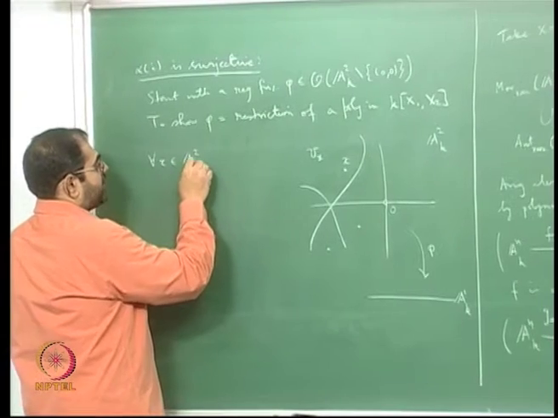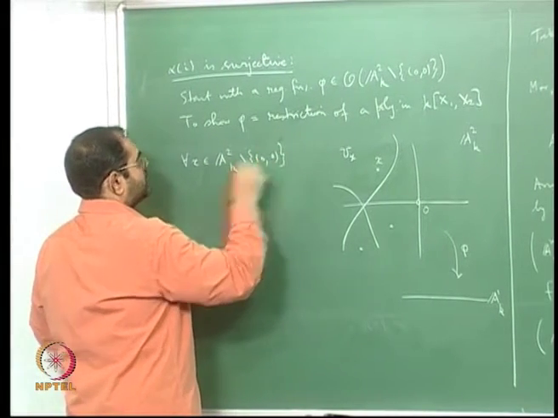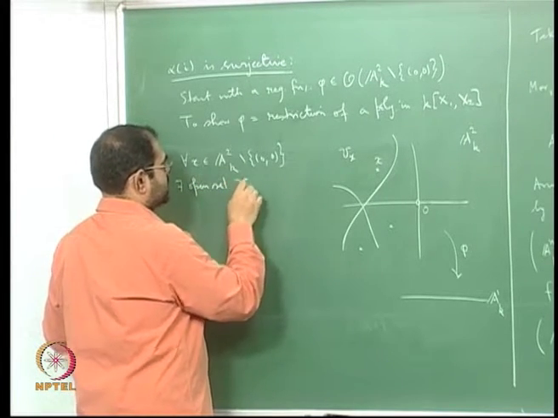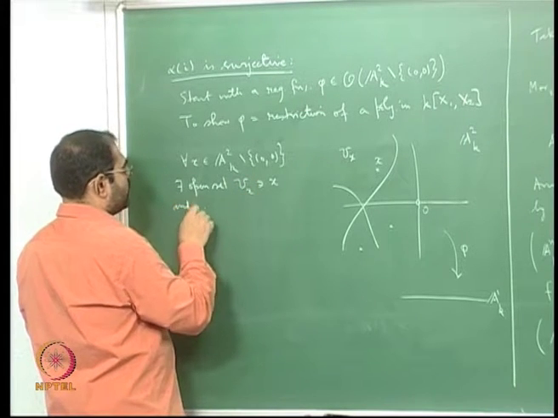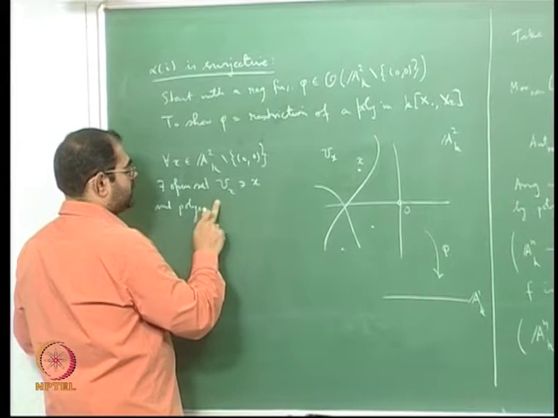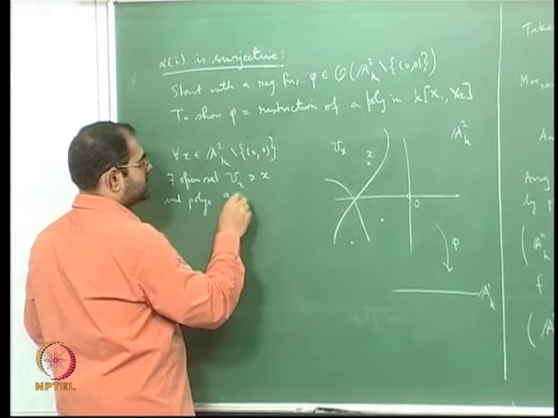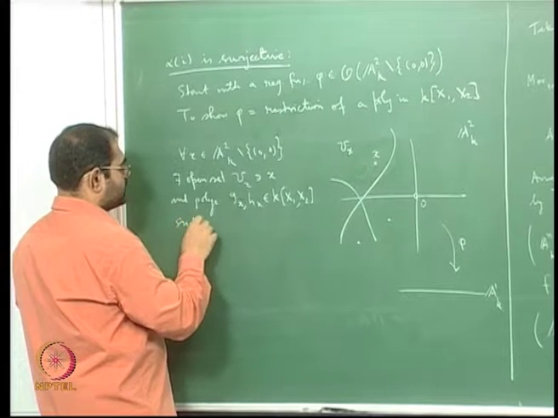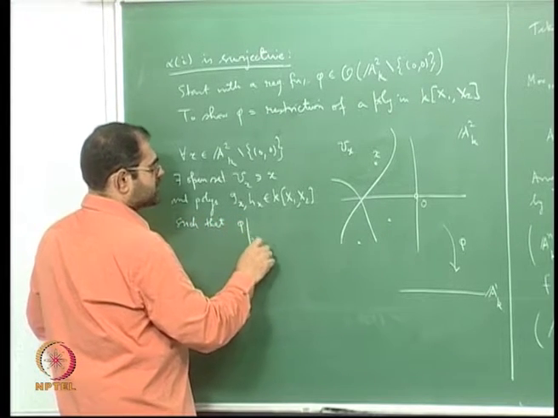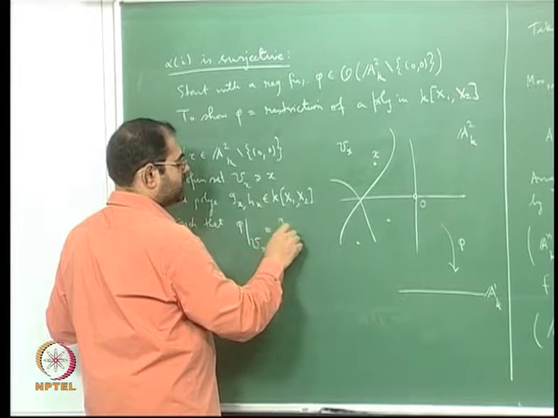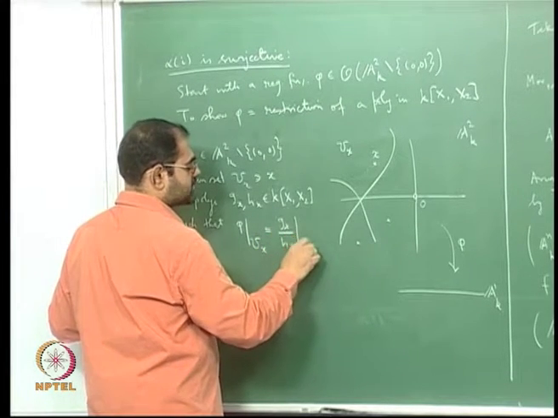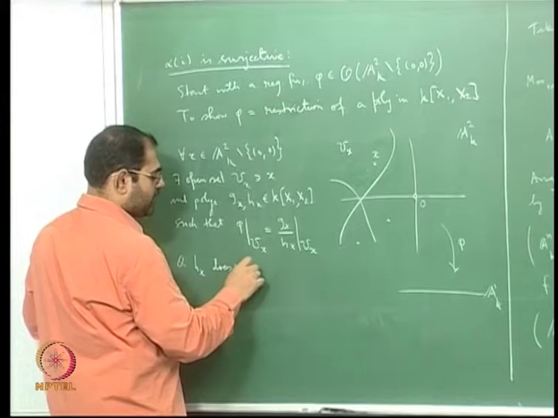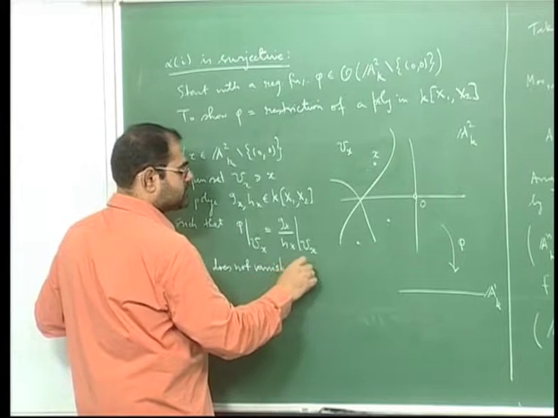So let me write that: there exists an open set, open of course in the Zariski topology, Ux containing x and polynomials gx, hx in k[x1, x2] such that phi restricted to Ux is the same as gx by hx restricted to Ux, and hx does not vanish on Ux, okay.